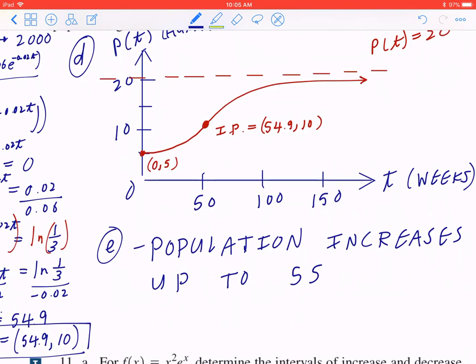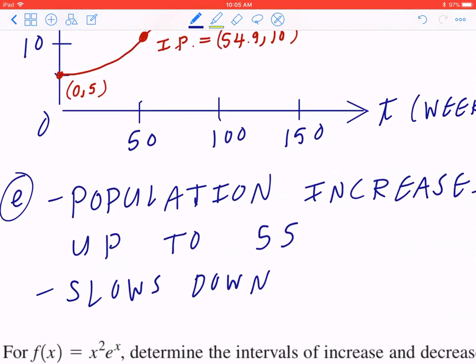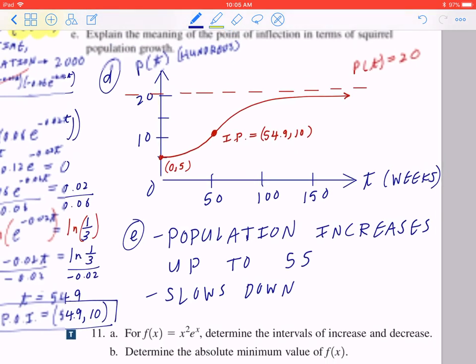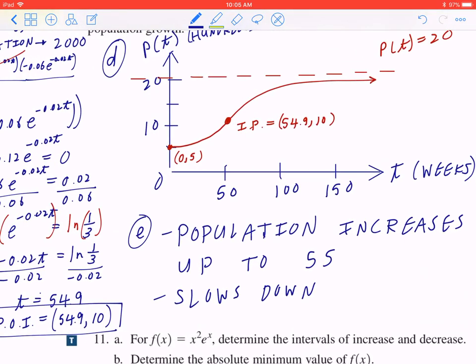Then after the point of inflection, what you notice is it's concaving down. Again, it went concave up, hits the inflection point, then it's concave down. So the second concept is it starts slowing down. As it's slowing down, it's going to approach over time the 20.